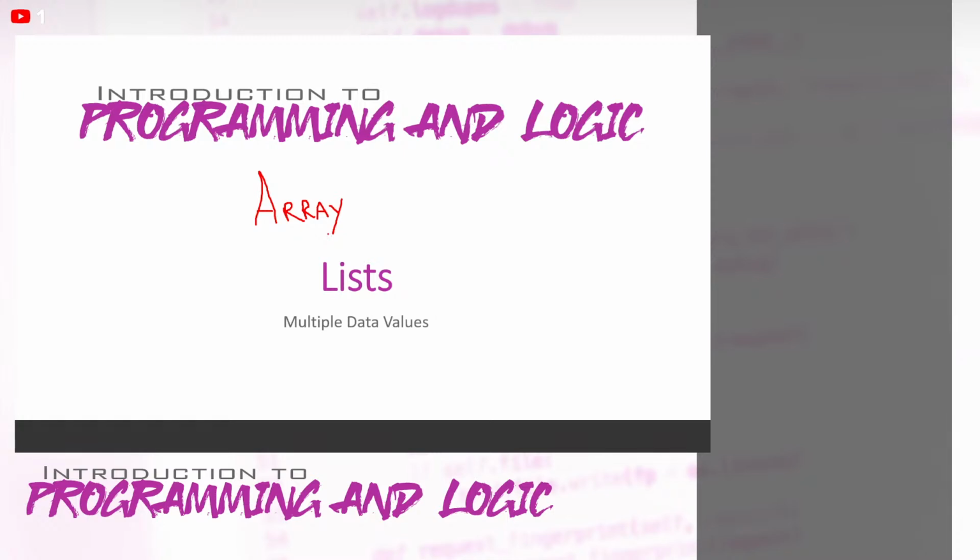Array is just another term for what we're dealing with here. Lists. Array is the more common term for lists. When we are dealing with lists, as we are here, list is a Python specific term. In other programming languages, we would call them arrays. So as I'm talking about lists, I'm going to do my best to call them lists within the context of Python. But if I start calling them arrays, you know why. That's another name for them.